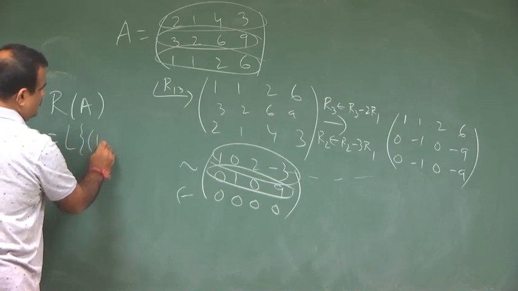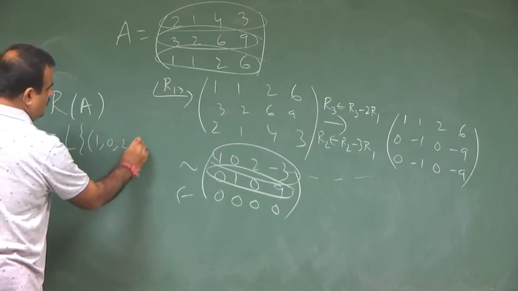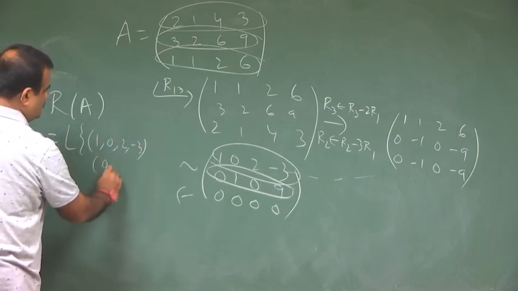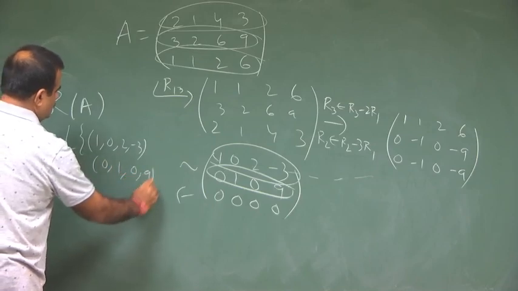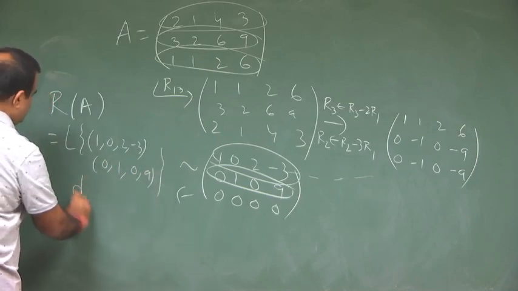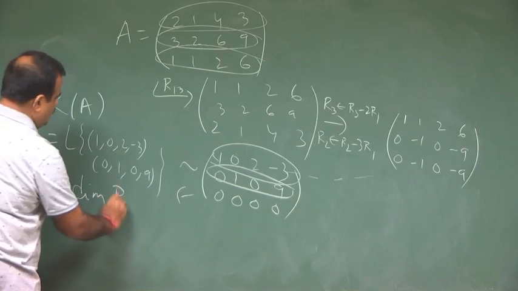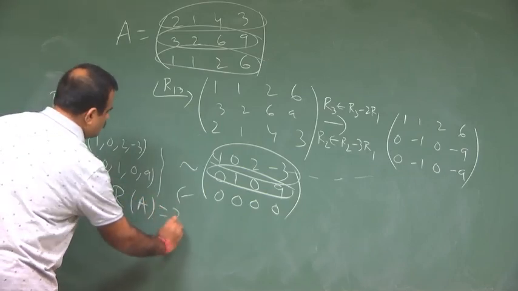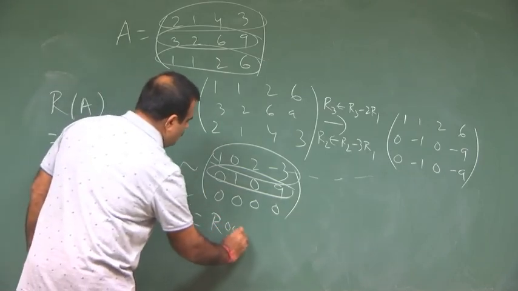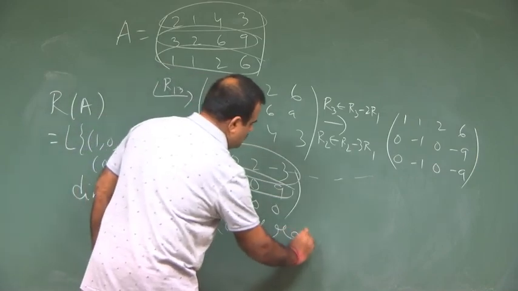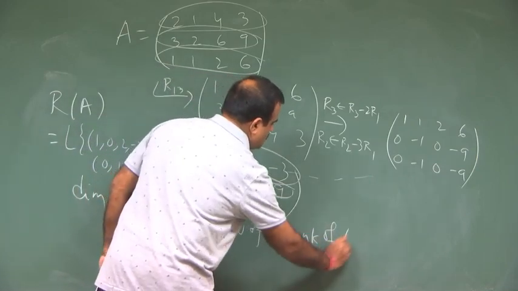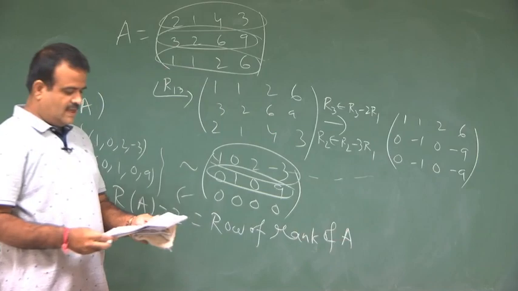So, 1 0 2 minus 3, only 2 non-zero vectors are there, and they are independent. So, dimension of R of A is 2. This is the row rank of A.